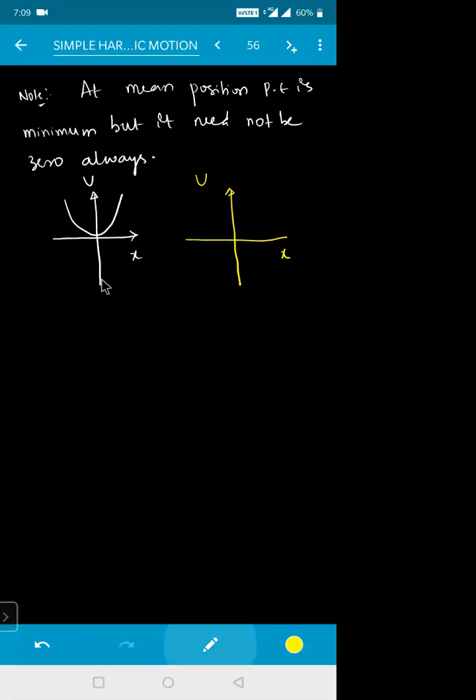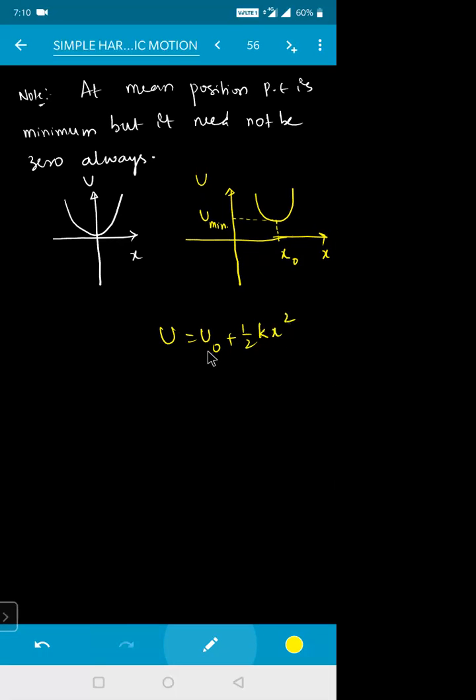If the potential energy is minimum and it is not zero at the origin, then the graph may be like this. Somewhere here, at a position X naught, U will be minimum. Suppose the equation comes out as U equals U naught plus half into K into X square.